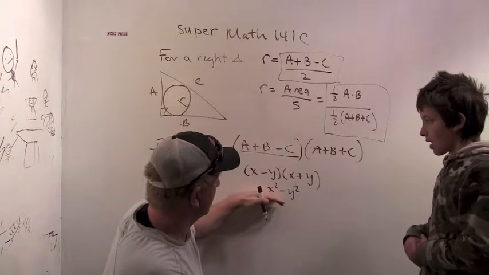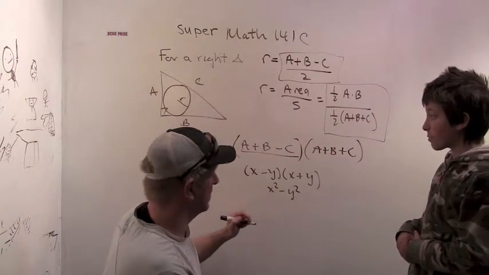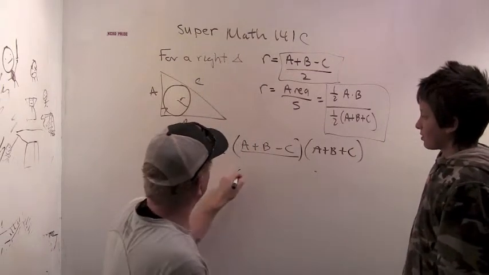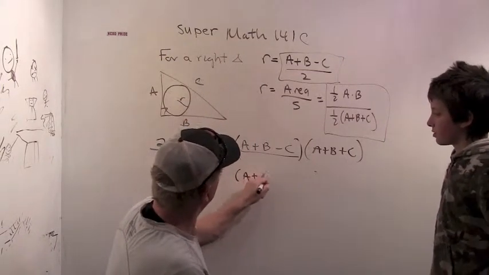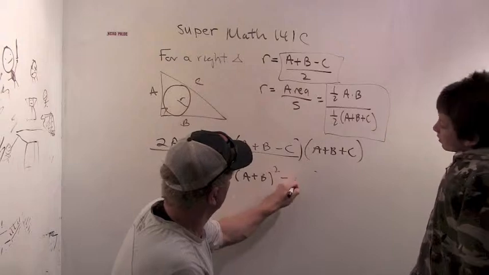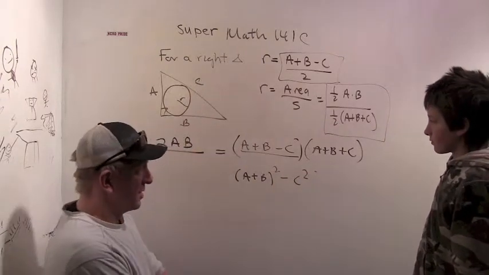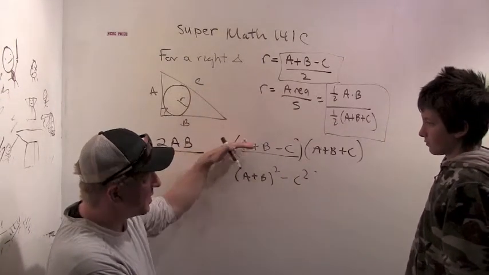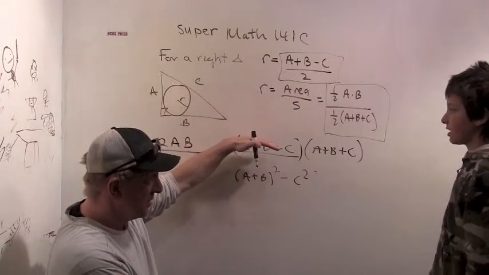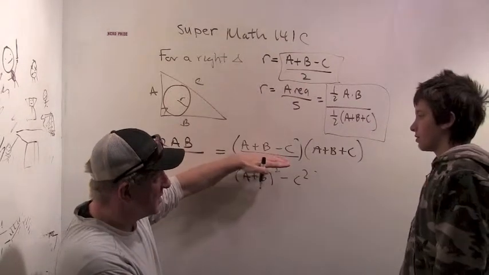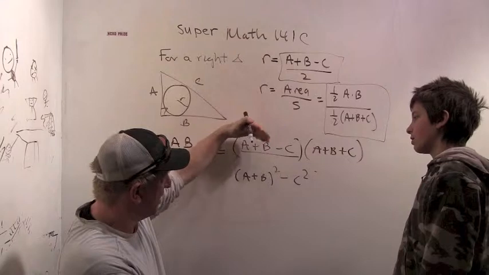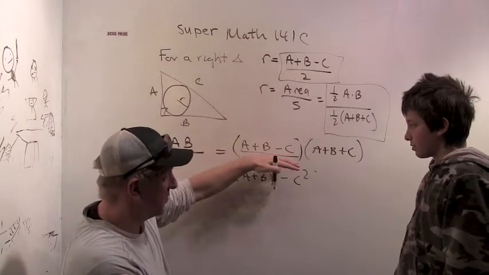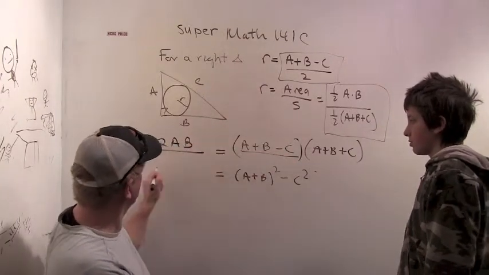So what's X? X is A plus B. So this thing equals A plus B squared minus C squared. Actually multiplying this out term by term would have been gruesome. But a simple observation that this looks like a difference of squares, where A plus B is X and C is Y, gives us this, so this is 2AB.